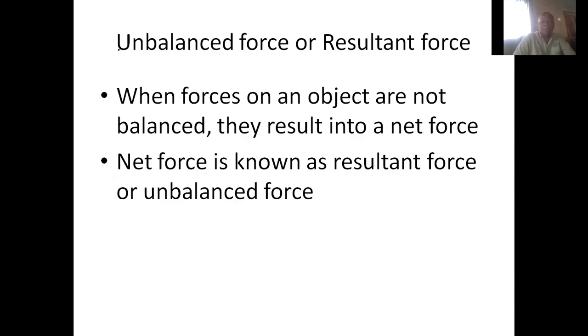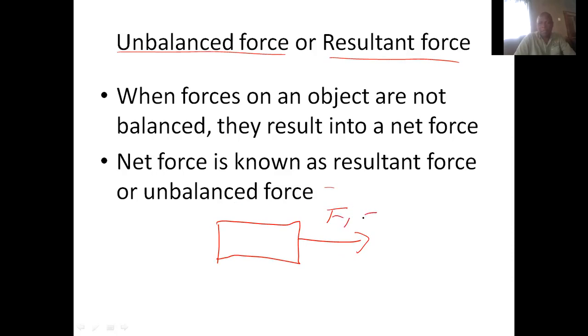What is an unbalanced force? Well, when forces on an object are not balanced, they result in a net force. In other words, if you have an object, you exert a force, force 1, say this is 20 newtons.